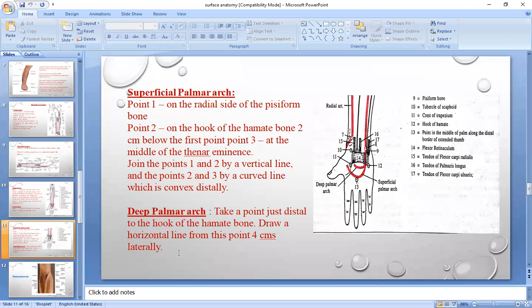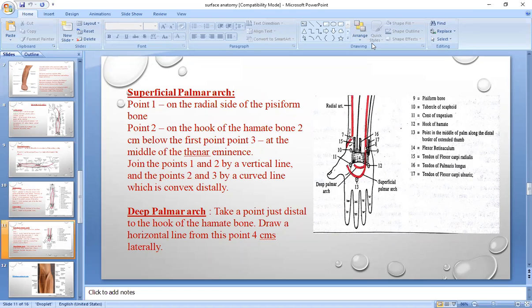Now coming to the deep palmar arterial arch. Take a point just distal to the hook of the hamate bone. Again, how to identify the hook of the hamate? First you appreciate the pisiform bone. Distal to that pisiform bone, 2 centimeters distal, you will find the hook of the hamate. From here, make a horizontal line, 4 centimeters laterally, but convex distally.